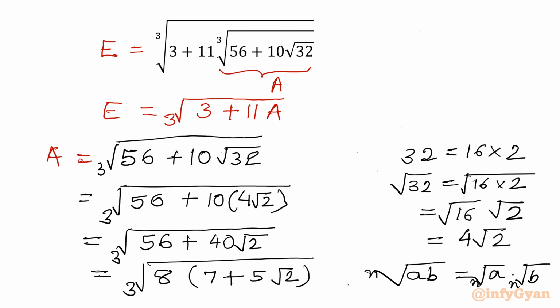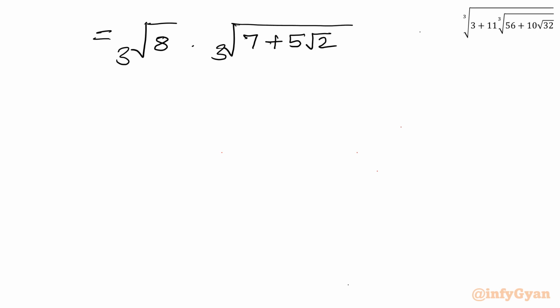So let me write cube root 8 times cube root 7 plus 5 square root 2. This is A. Cube root 8 is 2 times cube root.